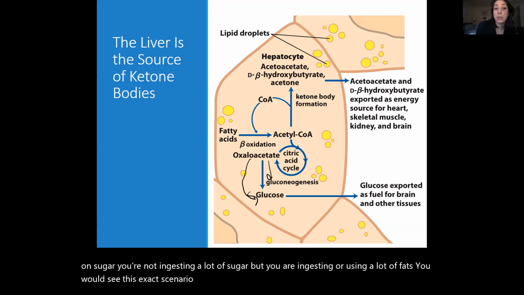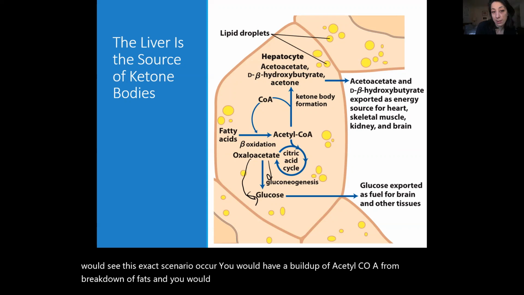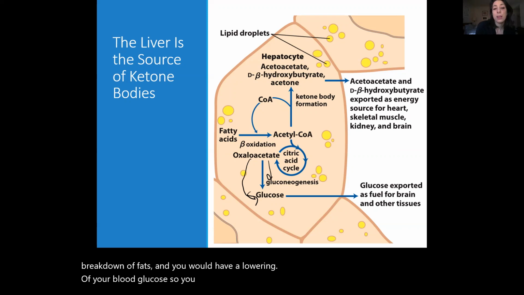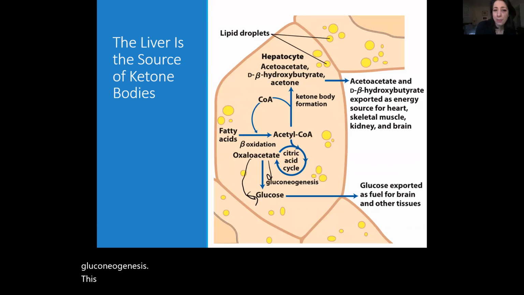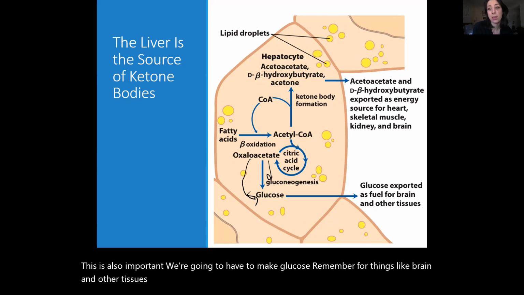You would have a buildup of acetyl-CoA from breakdown of fats, and you would have a lowering of your blood glucose. So you have to use oxaloacetate to make glucose through gluconeogenesis. This is also important. We're going to have to make glucose, remember, for things like brain and other tissues because they rely solely on glucose.